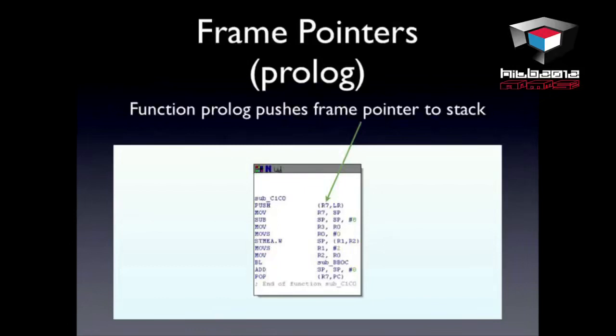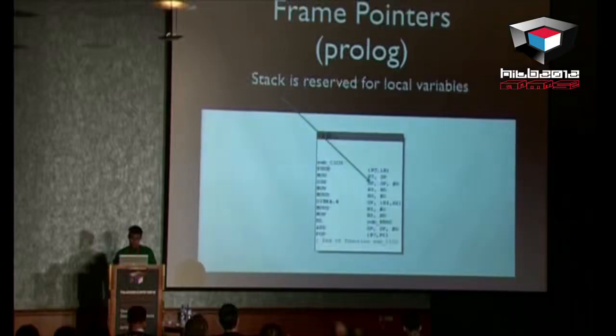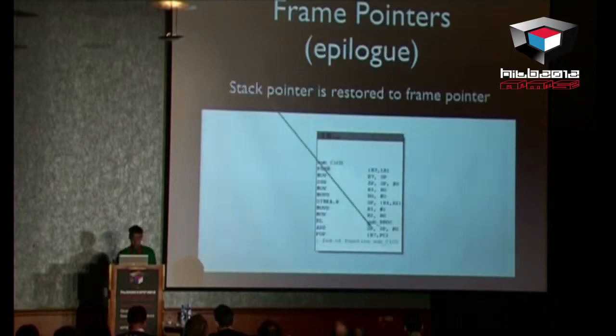See, it's usually held in the register R7. You can see here pushing the old R7 onto the stack. Then it moves the current stack pointer into R7. Of course, it allocates space for local variables.